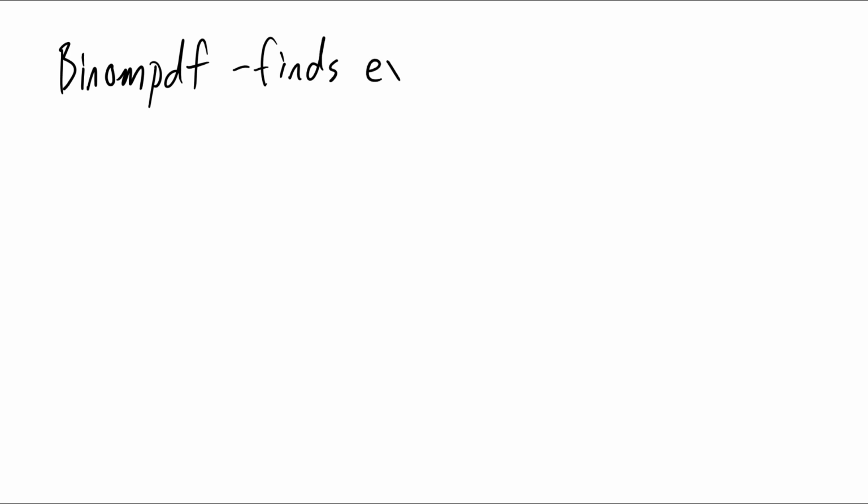The first one is going to be the Binome PDF function. PDF stands for probability density function, and probability is singular, so the P in there is singular. So Binome PDF finds exactly X successes.